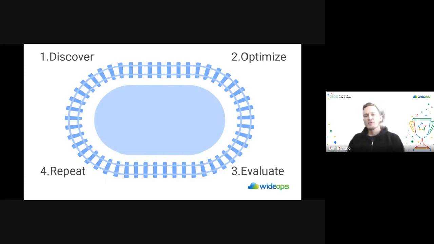And today, the FinOps approach can be used across all services in the cloud, but today I want us to focus on the Google Kubernetes Engine. In our presentation, we will go over 3 main stations, which are discovering, optimizing, evaluating, and at the end, repeating all over again.